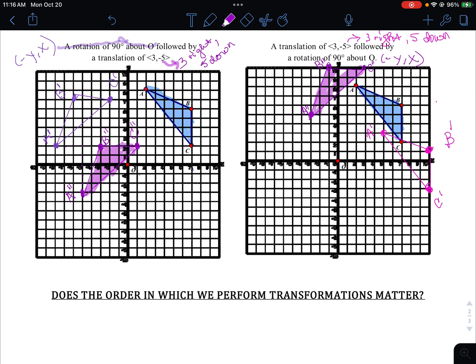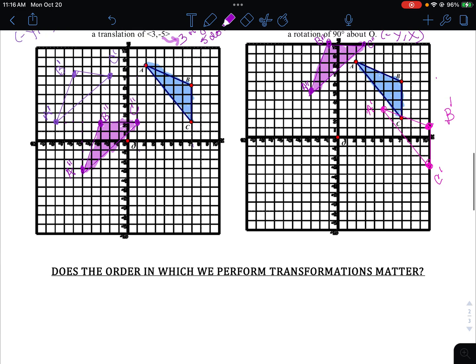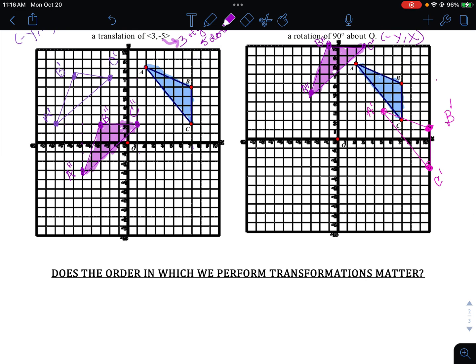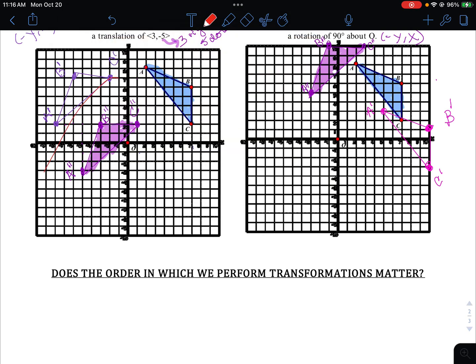So here's what I want you to look at. There's a question right below. It says, does the order in which we perform transformations matter? So if you look at where these two wound up, here and here, I'd say it very much does matter which transformation you go first.